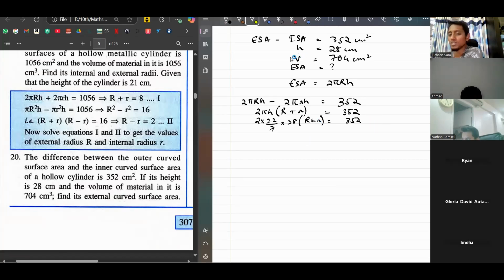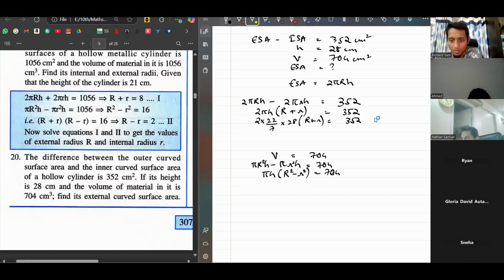Let's use volume. Since we have volume, we can use the volume formula now. So volume is 704. What's the formula for volume of a hollow cylinder? External volume of cylinder minus internal volume. That is pi capital R square h minus pi small r square h. Correct? That's 704. So again, pi and h are common here. Inside we have R square minus r square.